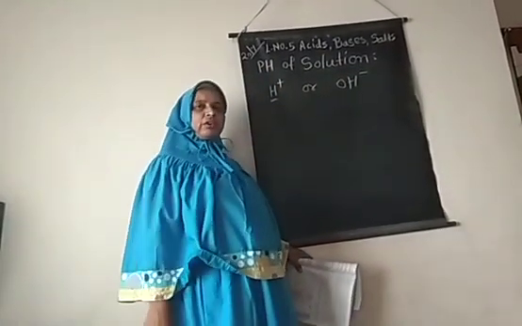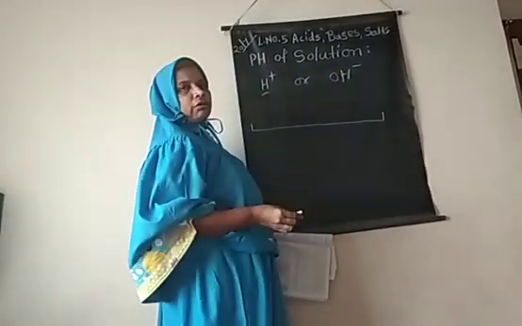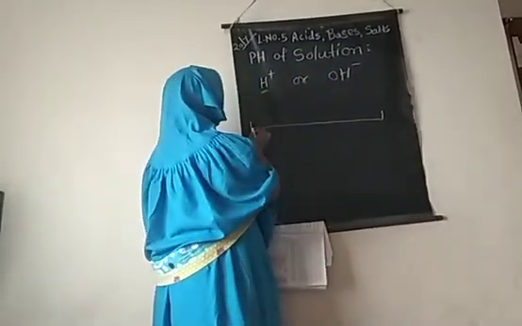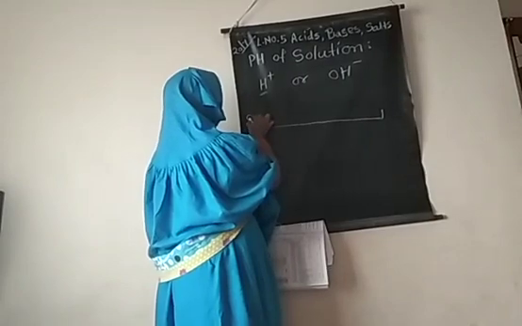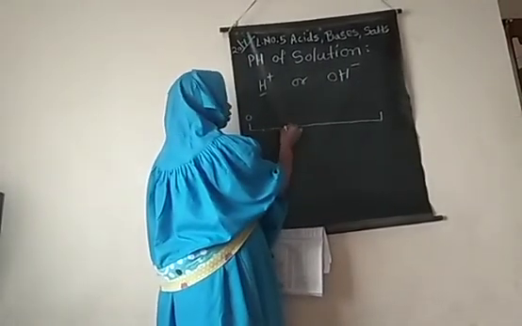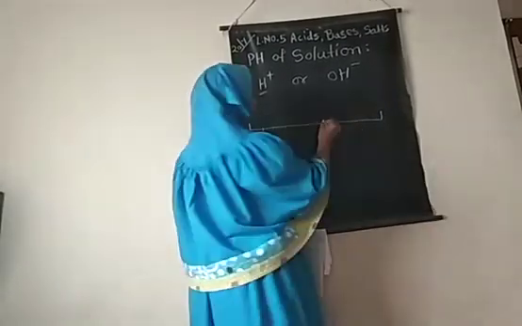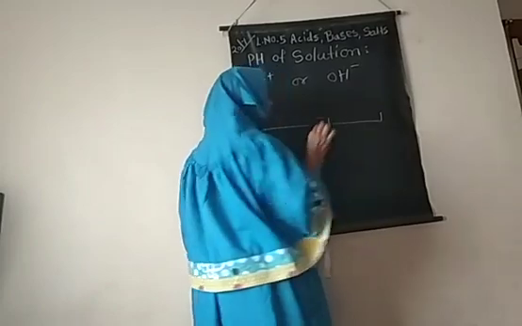To calculate how acidic or basic something is, the pH value gives the meaning. Here the graph of the pH scale is given like this. It starts from 0, then 1, 2, 3, 4, 5, 6 and 7. 7 is counted as the middle one.